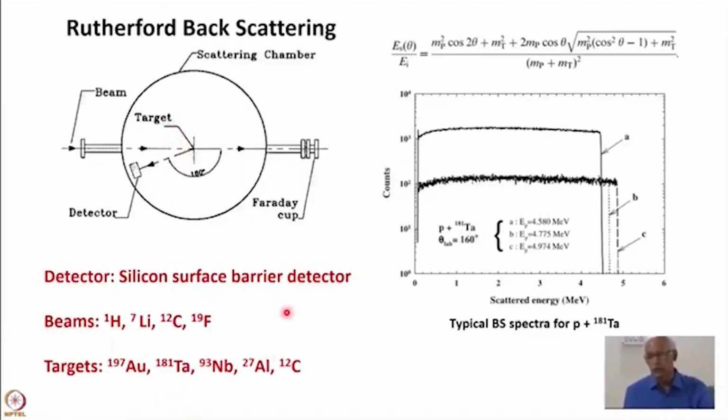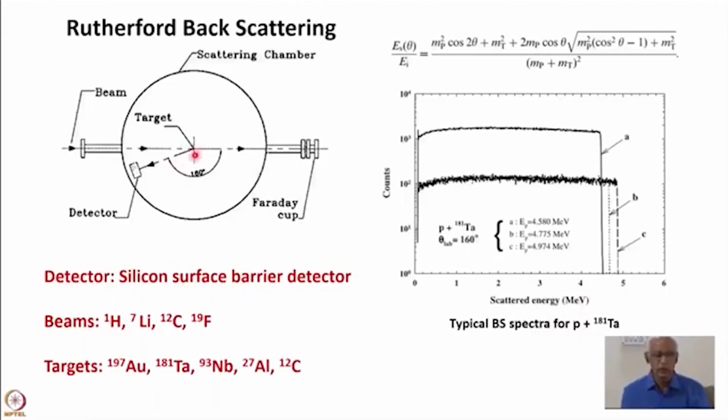Now, one example of this is a proton beam backscattered from a tantalum-181 target. As I mentioned, this is the scattered energy.